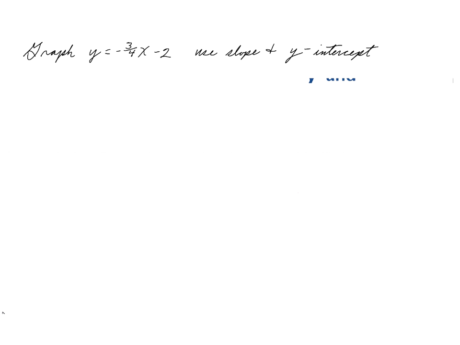And we want to graph y equals negative 3/4 x minus 2, and we want to use slope and y-intercept to create our graph.